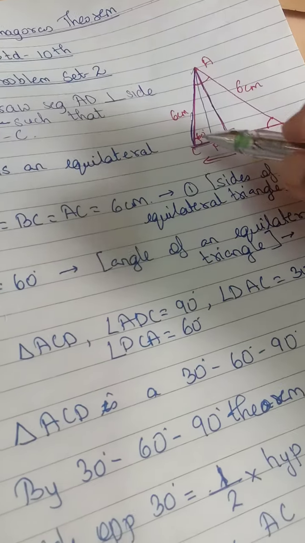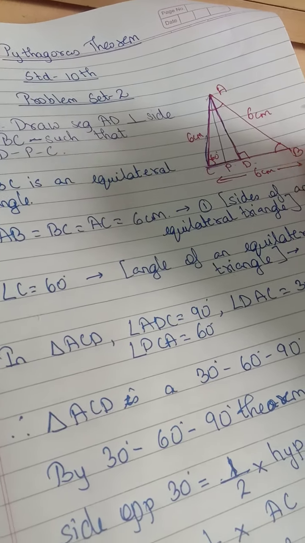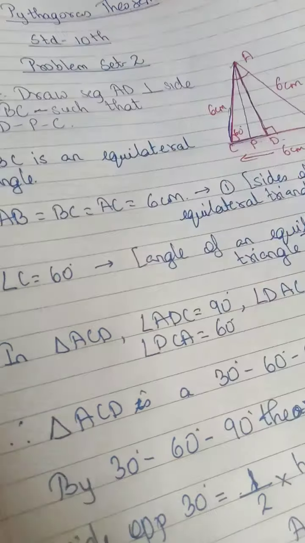Now I will find the side opposite to 60 degree, which is AD, and that is equal to root 3 upon 2 into hypotenuse.